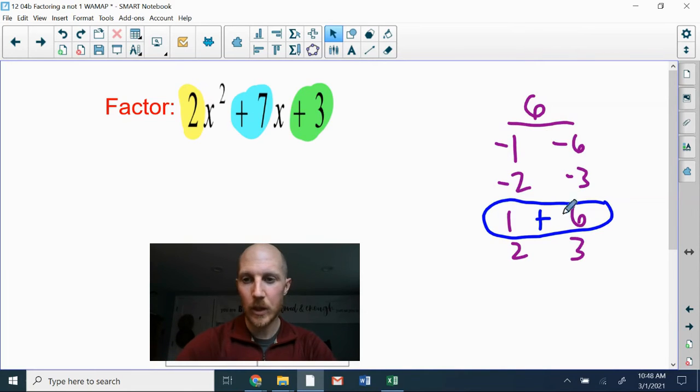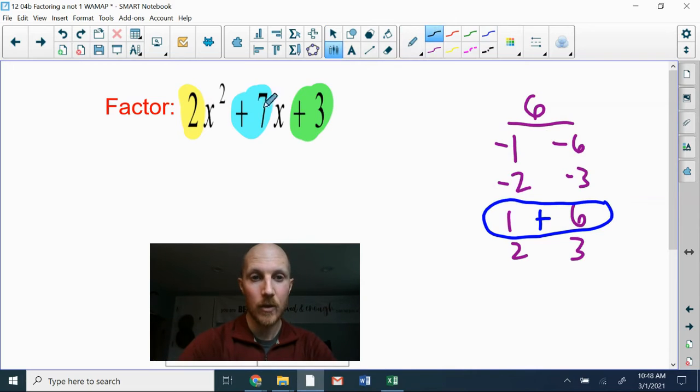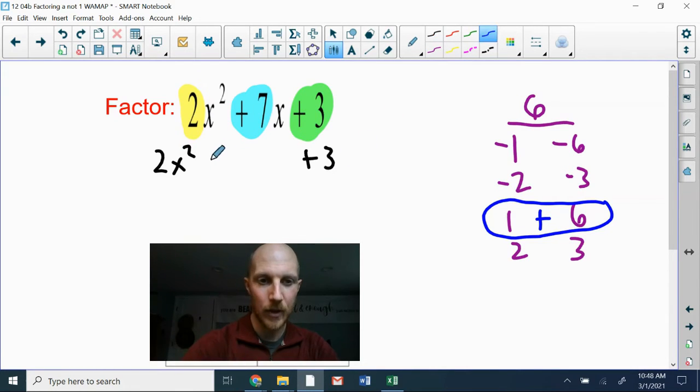So I'm going to take the 1 and the 6 and use them to split apart the plus 7x in that original expression. So 2x squared is going to stay put. The plus 3 is going to stay put. And I'm going to break apart that 7x into 2 pieces, plus 1x and plus 6x.